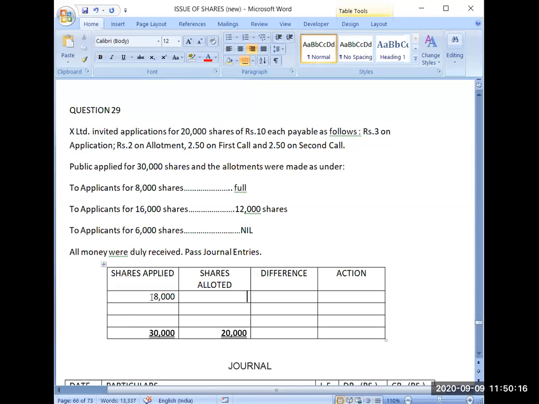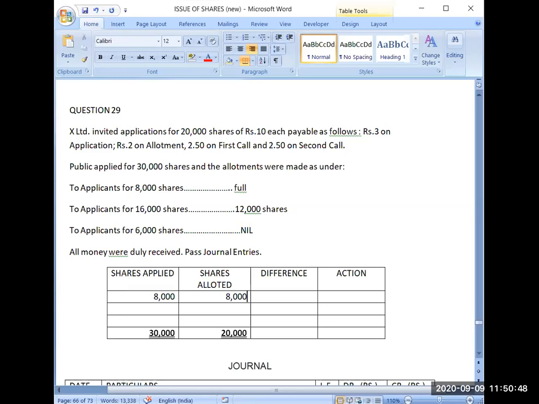They are in the category of full allotment. Yes, 8,000. 8,000 I have allotted. These are totally number of shares. Amounts are not there. Keep it in mind. These are not amounts. It is simply number of shares to be filled here.